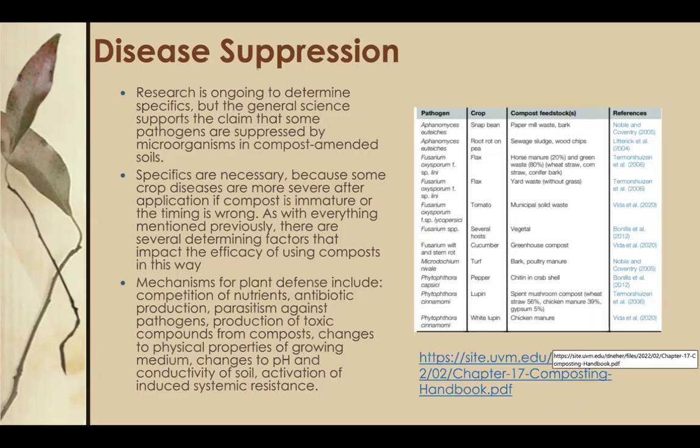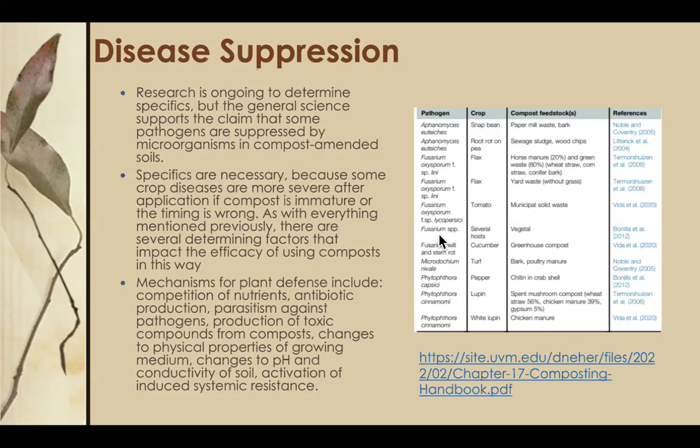There are actually specific microorganisms that we're dealing with, the pathogen with specific crops, and there are certain composting feedstocks that you want to use to encourage other microbial populations that will help to compete with, parasitize, or deal with these pathogens.